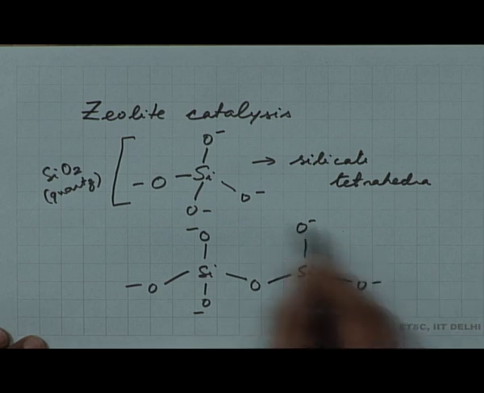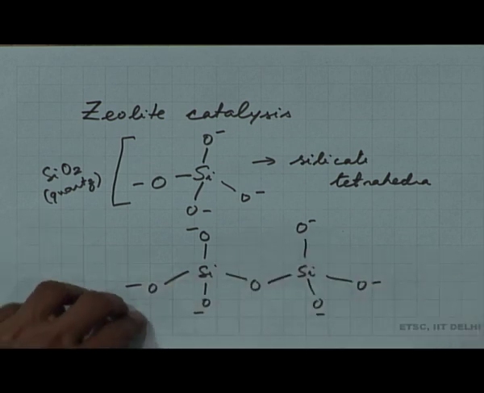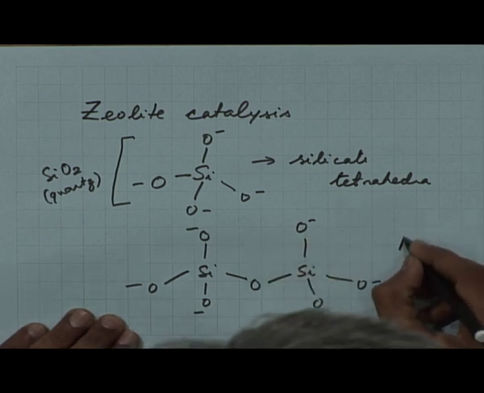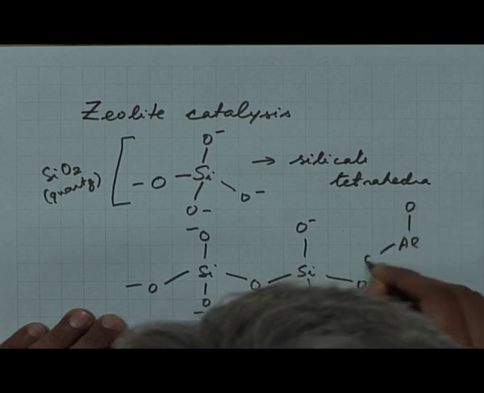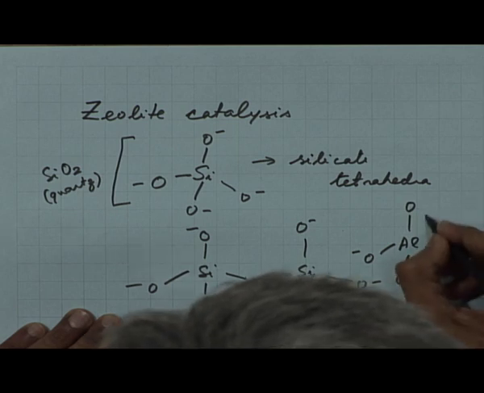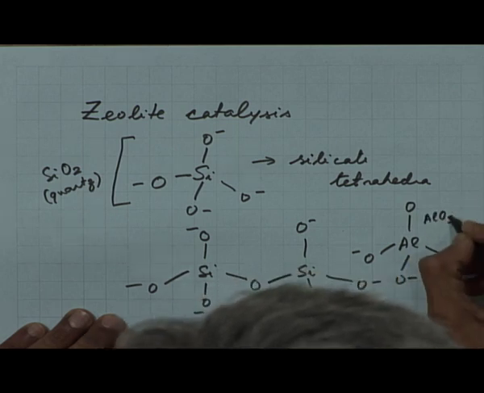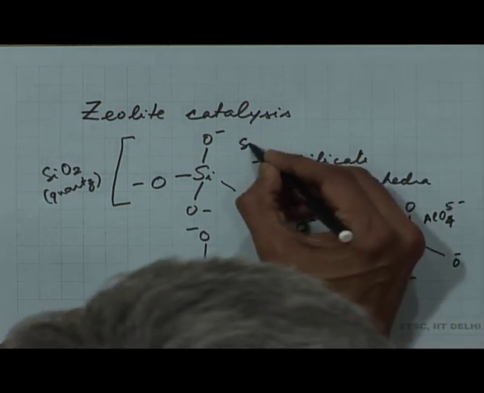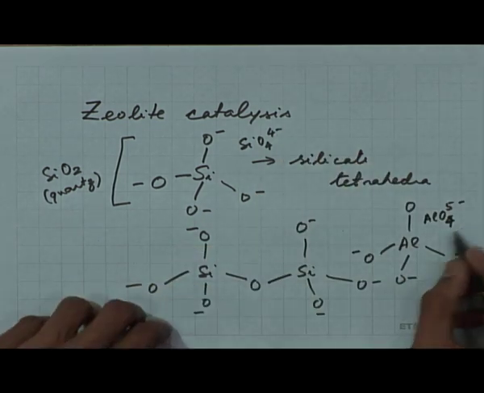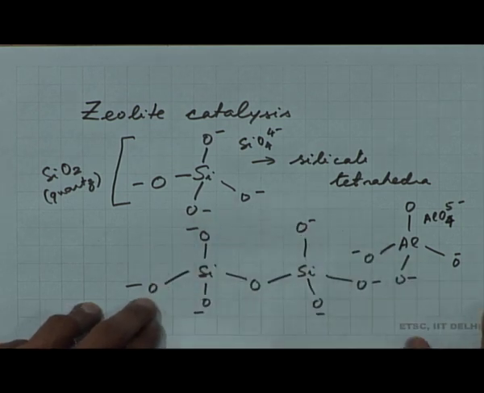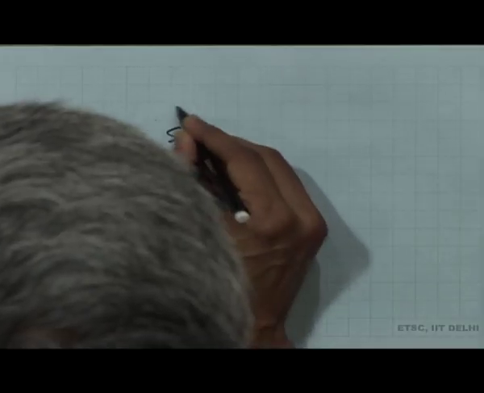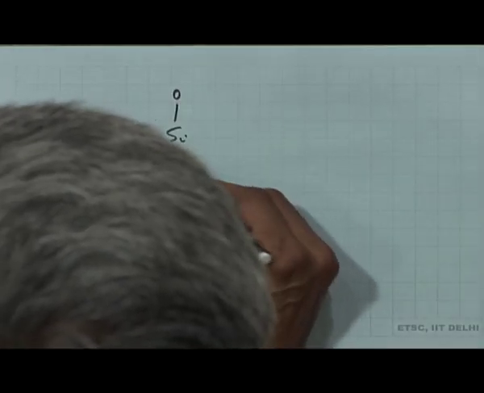Now, I can take a silicon tetrahedra like this, join this together, and every once in a while I replace some of these silicate tetrahedra with aluminate. That will be AlO4 5 minus. So, these are silicon SiO4 4 minus, and here you will have AlO4 5 minus. So, what you do is you take this silicate tetrahedra which are joined together, and you replace every once in a while. So, you will get something like this.